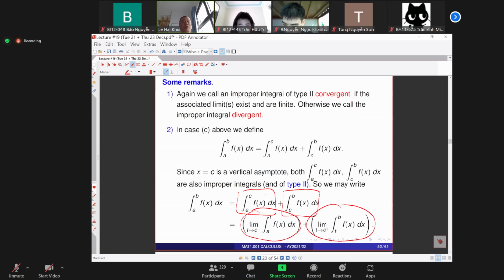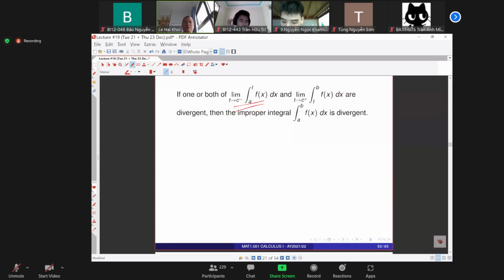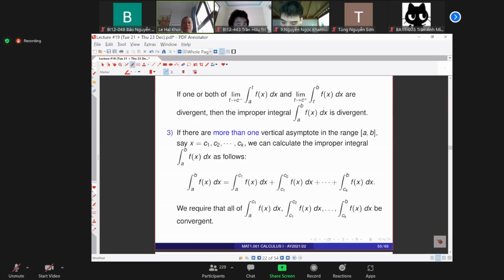If either of these two integrals diverges, then the given integral diverges. Right? So exactly as for type 1. If both diverge, then you get the divergence of the given improper integral.